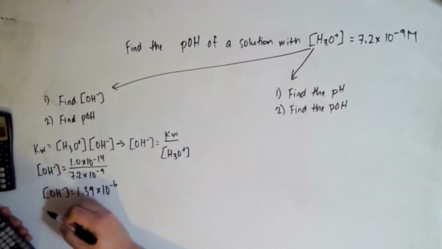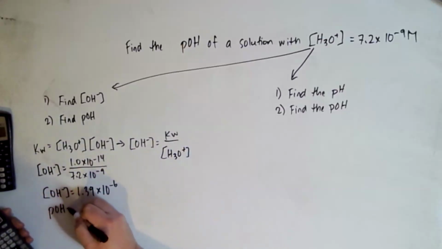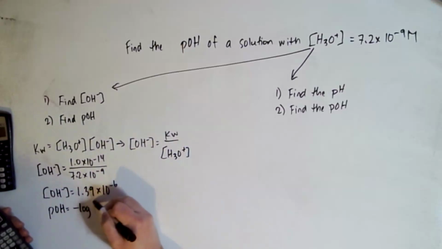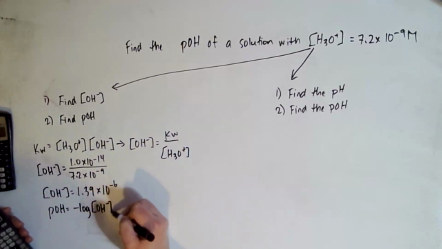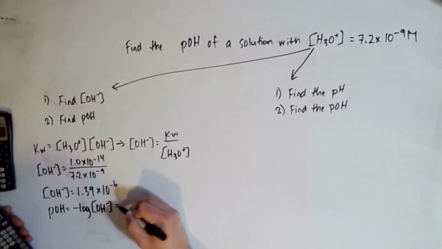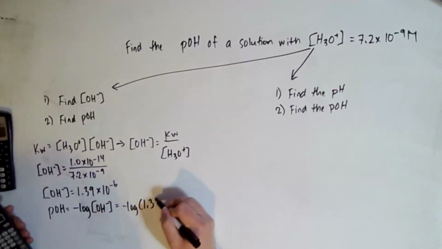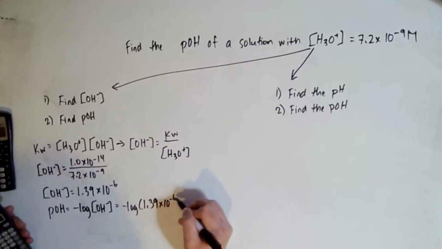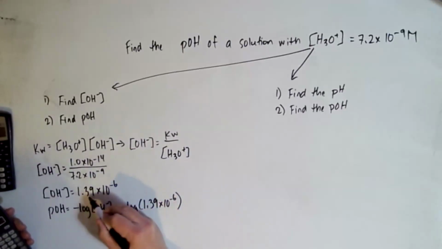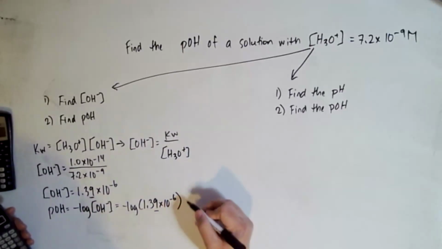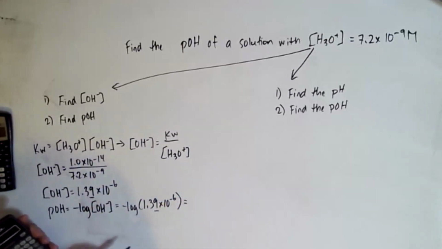And so now if I want to find my pOH, it's going to be the negative log of my hydroxide ion concentration. So that's going to be the negative log of 1.39 times 10 to the negative 6. This is only two significant figures, I'm just keeping an extra one for my calculation right now.